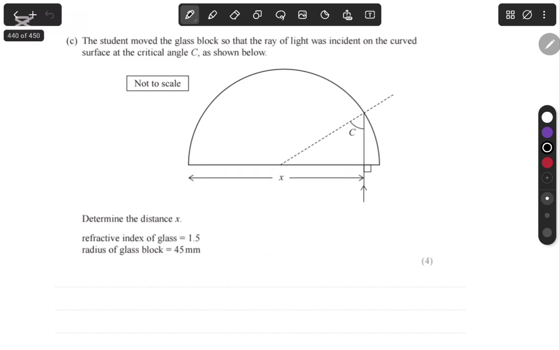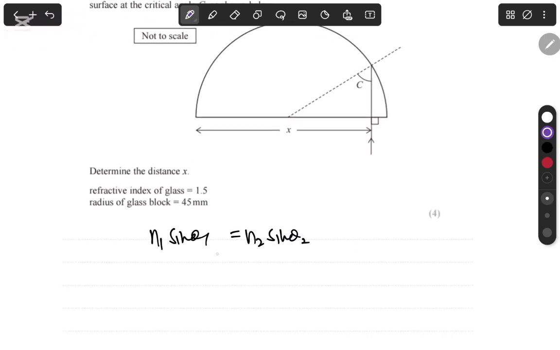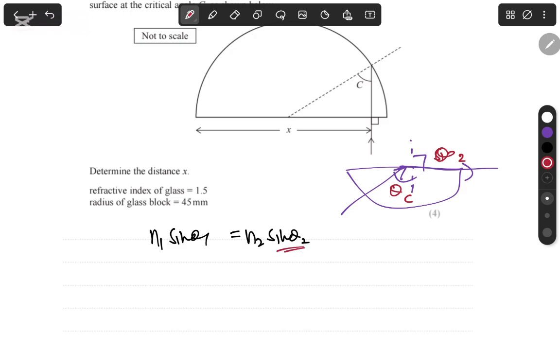So this is a critical angle, so we can say n1 sine theta 1 is equal to n2 sine theta 2. And then we know at the critical angle, our incident angle is just equal to the critical angle, and then our theta 2 is going to be 90.